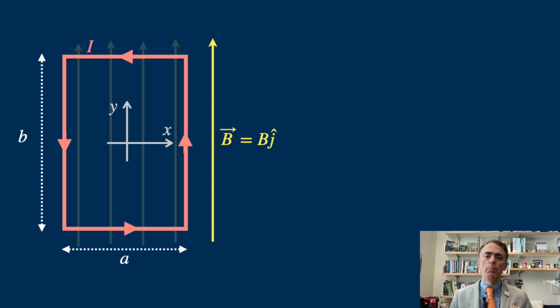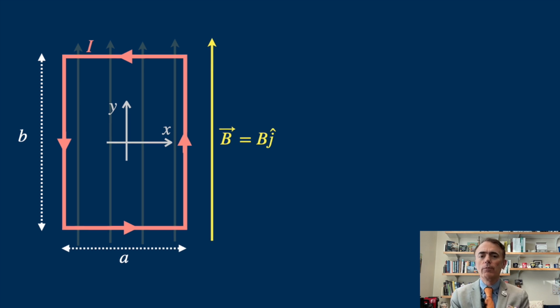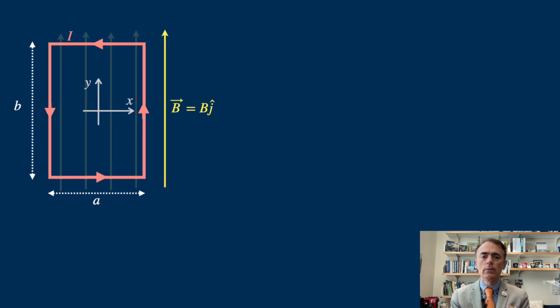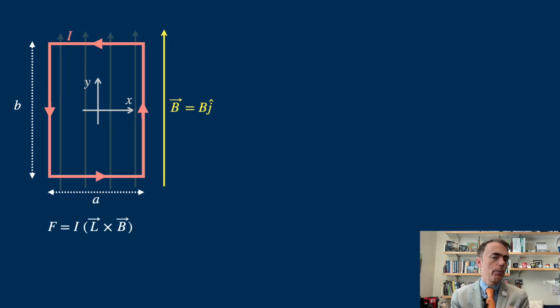The loop is composed of four straight segments, each of which will feel a force due to the magnetic field. Using the formula for the magnetic force on a current-carrying wire, F is I L cross product B, where L is the vector along the length of the wire segment. Let's calculate the force on each of the four segments individually.